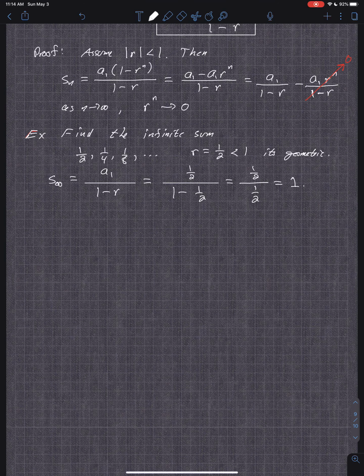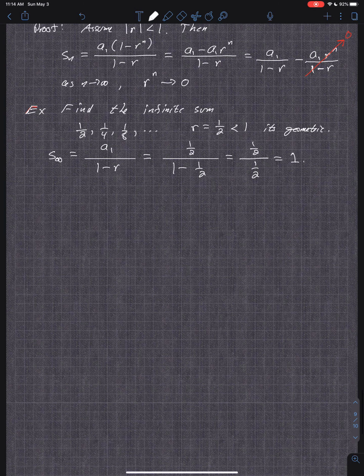Okay, let's do one more example, and then we'll go on to the next section. All right, so find the sum where n starts at 4 and you approach infinity, of 18 times 1/3 to the n minus 1. This is an infinite sum because you're approaching infinity.